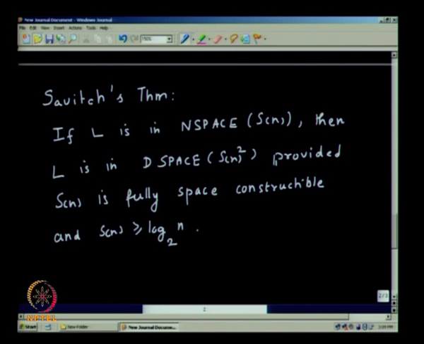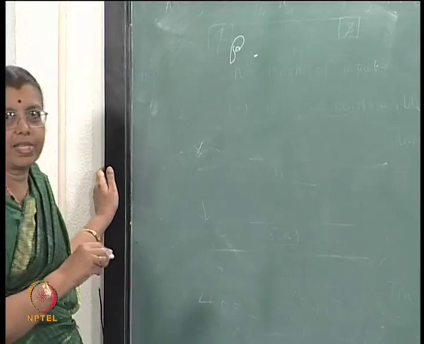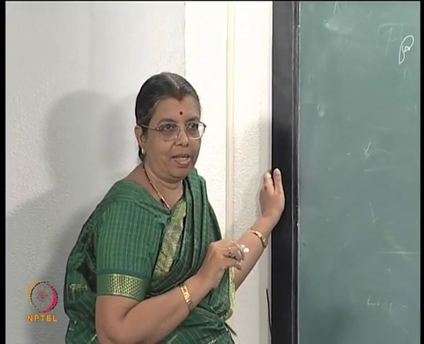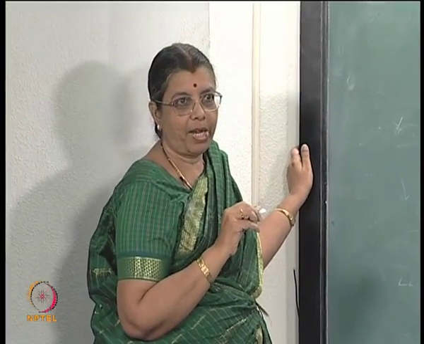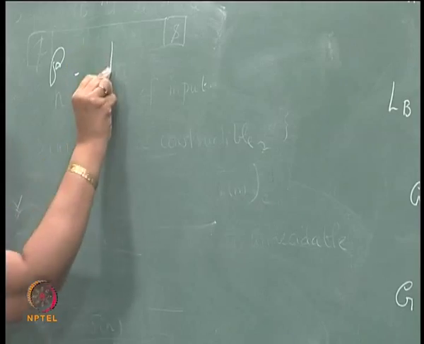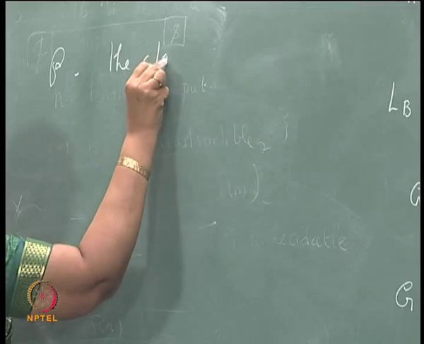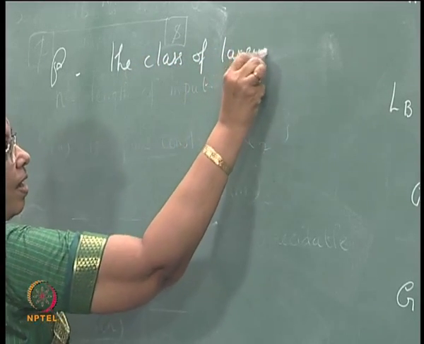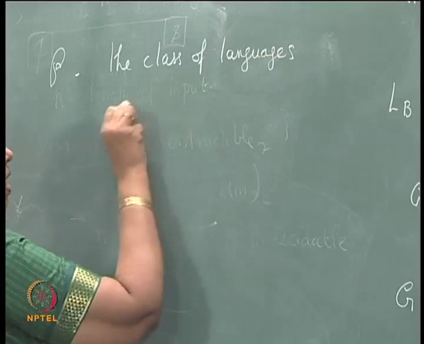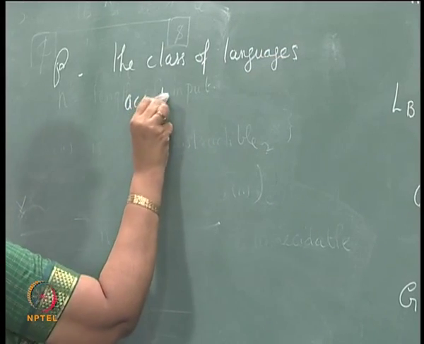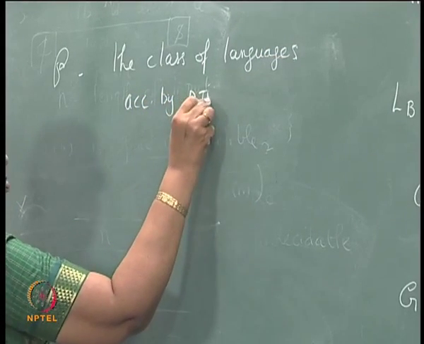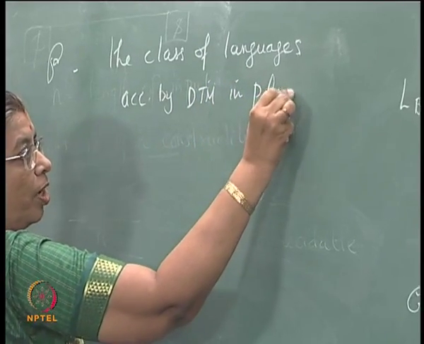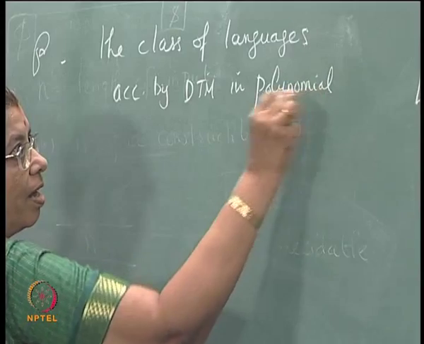Generally, what is P? P denotes the class of languages accepted by deterministic Turing machines in polynomial time.